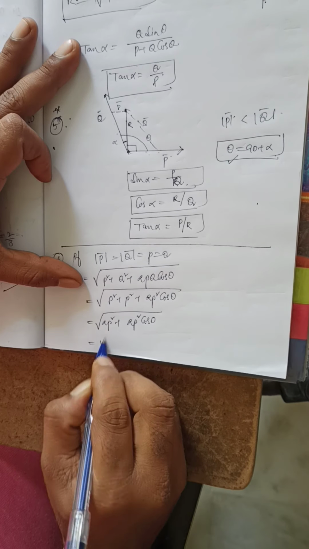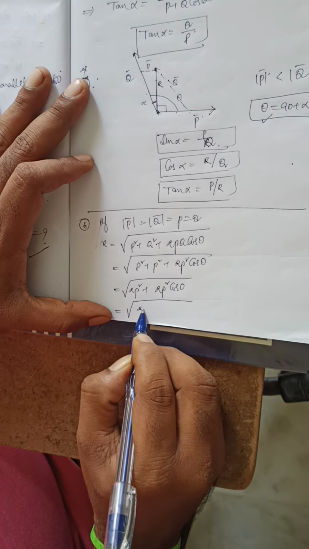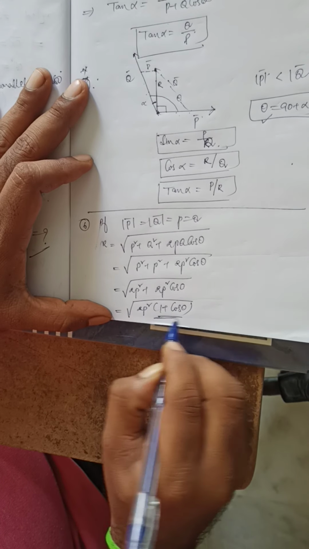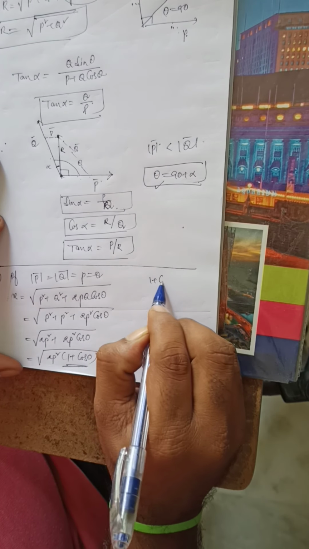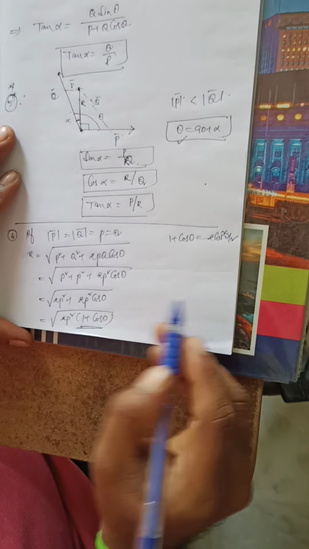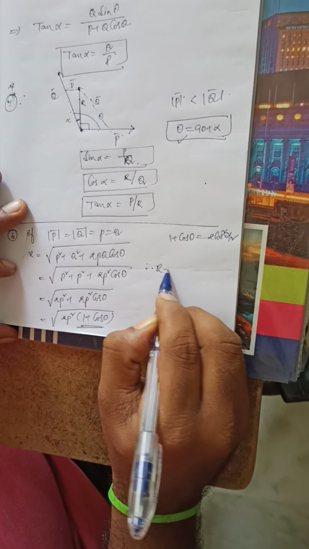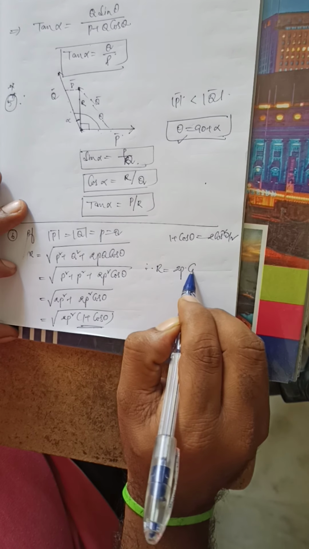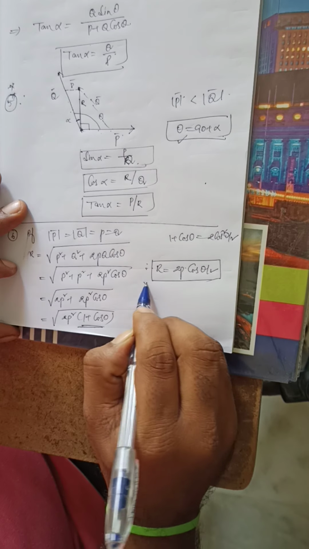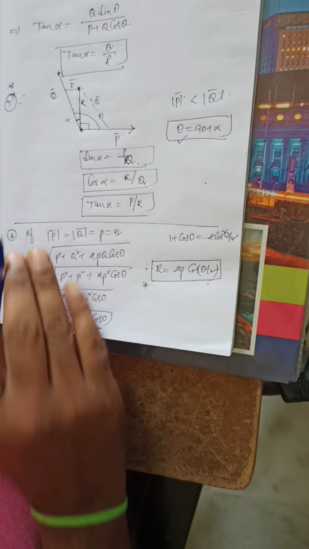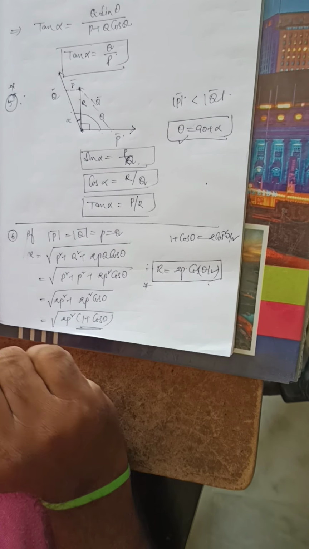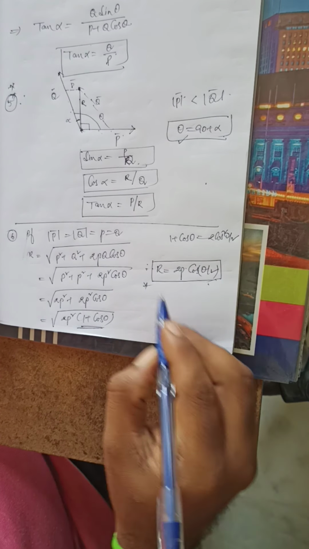By taking 2p square as common, that is equal to 2p square into 1 plus cos theta. So here 1 plus cos theta is equal to 2 cos square theta by 2. So after substitution, r is equal to 2p into cos theta by 2. So this is the important relation. Okay na? This formula is used when two vectors have equal magnitude. This is the important one.